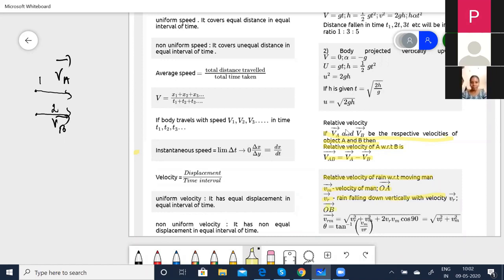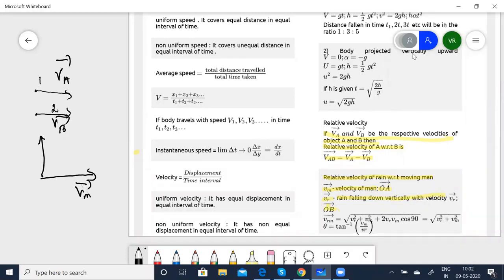Okay. So I can explain it like this. Suppose this is the velocity of the man, Vm, and this is VR, the velocity falling vertically downwards. This is OA vector and this is OB vector.